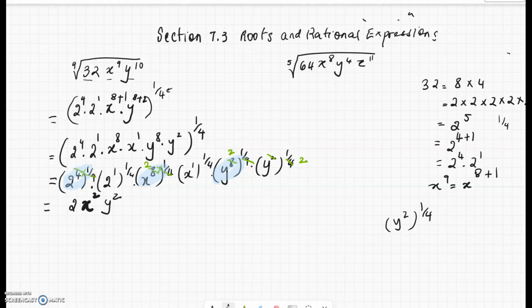And I'm not going to cancel common factors since the question is written as a 4th power. I can just leave it alone.